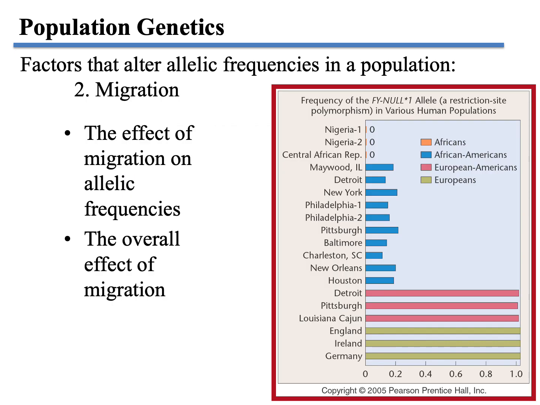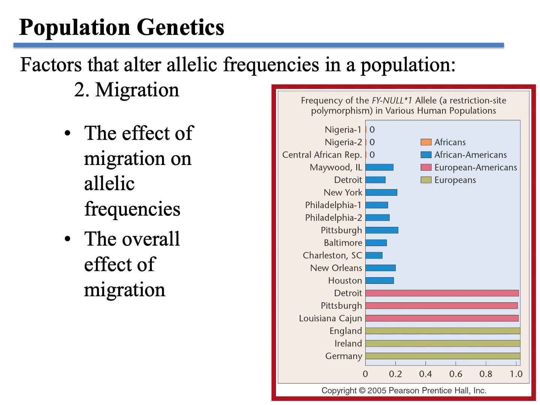The next assumption that must be maintained in order to utilize the Hardy-Weinberg equation is that there is no migration occurring between populations. The effect of migration on allelic frequencies can be dramatic, and so we are going to make the assumption that no migration is taking place. So in this example, what you can see is the overall effect of migration when it does in fact occur.